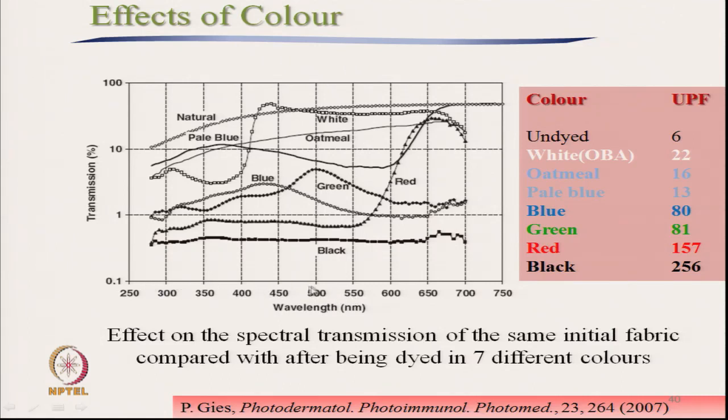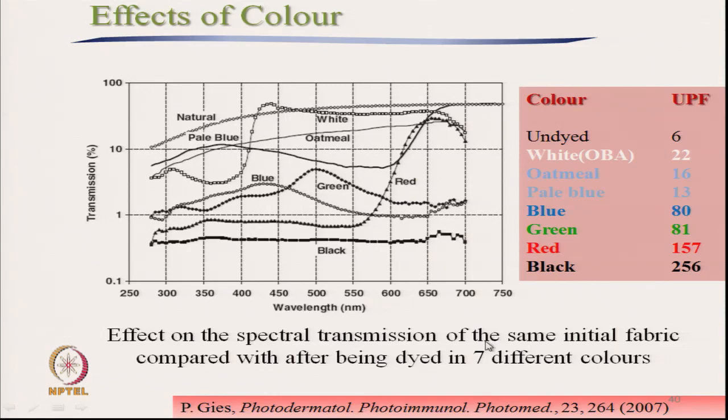At different wavelengths, if we use a fabric with black color, the transmission is least there, whereas for natural or white it is highest, and typically in most cases with the increase in wavelength the transmission is increasing.